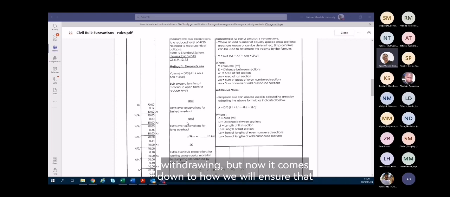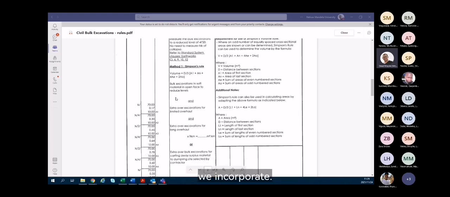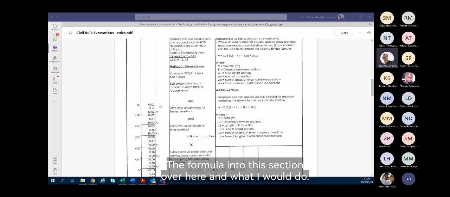But now it comes down to how we will ensure that we incorporate the formula into this section over here.